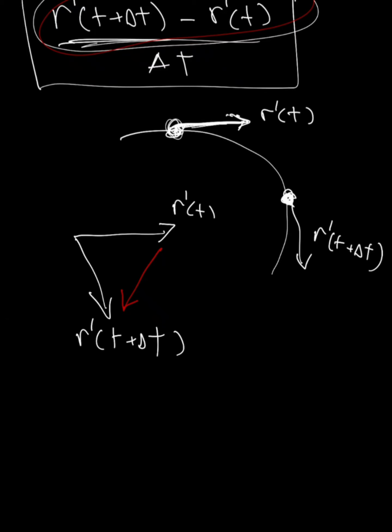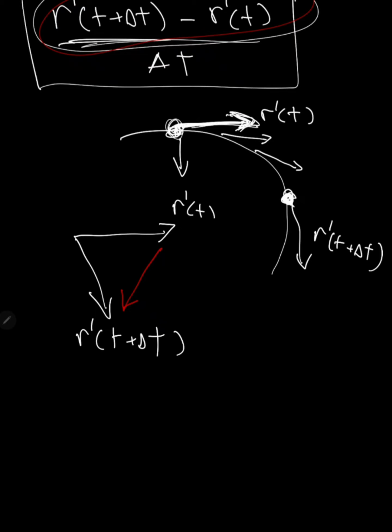And what you can see is if you take closer and closer differences, you're getting to see how the velocity vector is being pulled away from the natural direction that it's already going in.